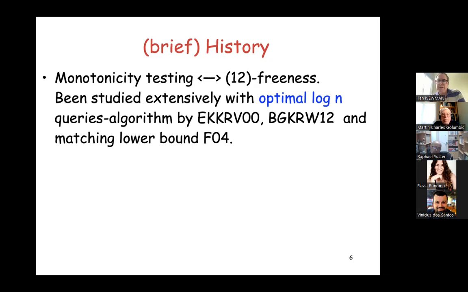And going on to another algorithm in 2012, I'm not going to go over all this set of authors, and apologies for that because it's too long and I would probably make mistakes. But in any case, testing 1-2 freeness, so testing monotonicity, can be done optimally in log n queries. Namely, log n queries are required and you can actually do that. A matching lower bound is by Fischer in 2004.